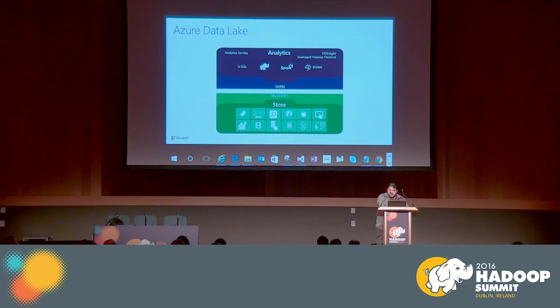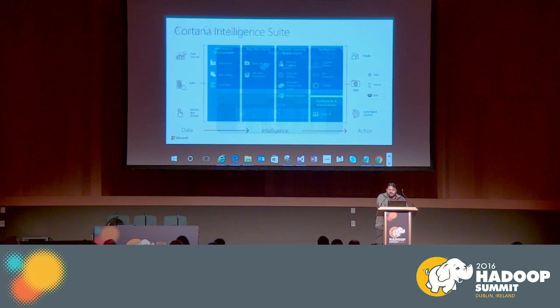Again, that's not all. It sits as part of a suite that enables you to surround it with an ecosystem of all of these services such that you don't actually have to worry about stitching each and every solution together. It's already there for you.